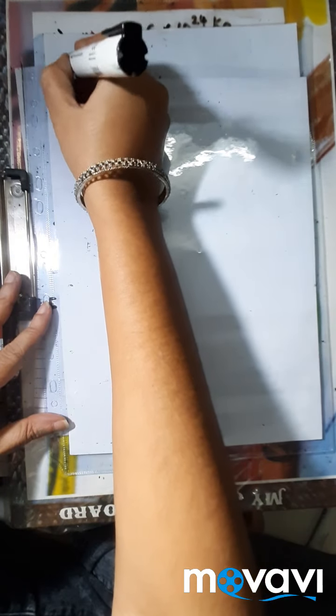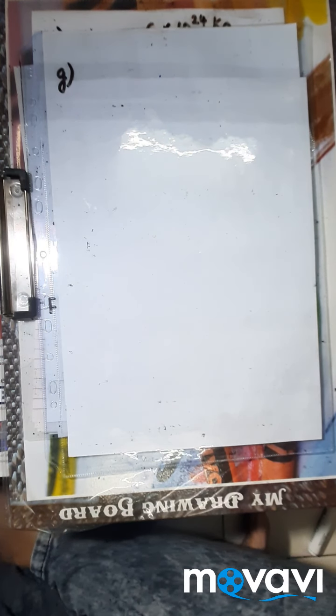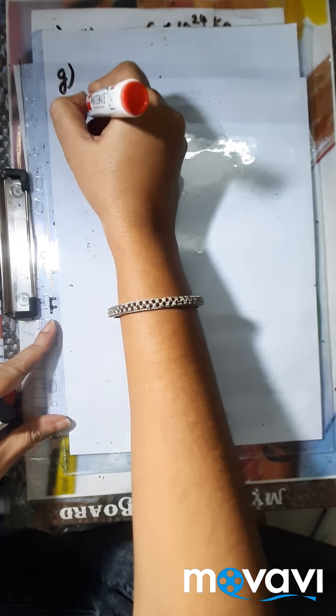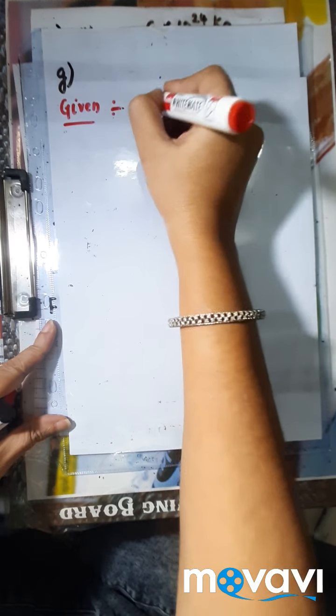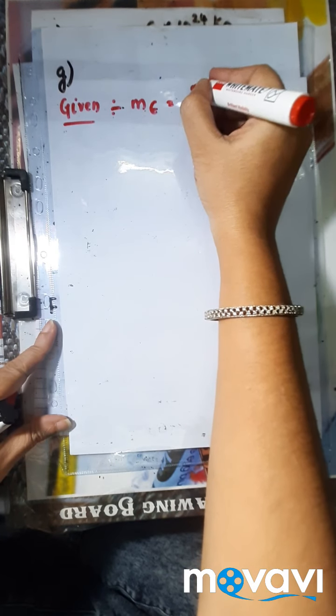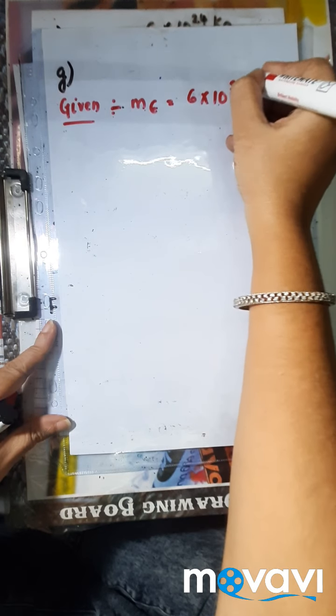Now see my sum number G. The mass of the earth is, I told you, I actually have to remember the mass of the earth, right? So what is given to me is the mass of the earth, which is equal to 6 multiplied by 10 raised to 24 kg.